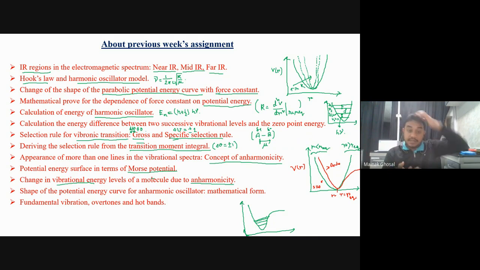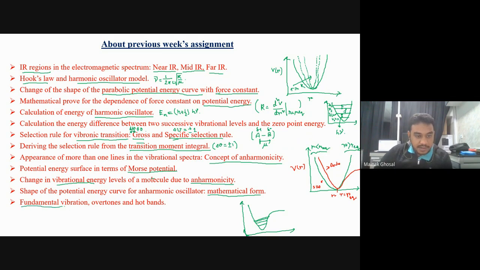How does this decrease? It was also discussed that there will be a term h nu e x e, or chi e, which decreases the energy. And then there was a discussion on the shape of the potential energy curve for an anharmonic oscillator, and how this is mathematically related. There was a third derivative term, d3V/dR3, which denotes the shape of this potential energy curve. And then there was a discussion of fundamental transitions, overtones and hot bands.